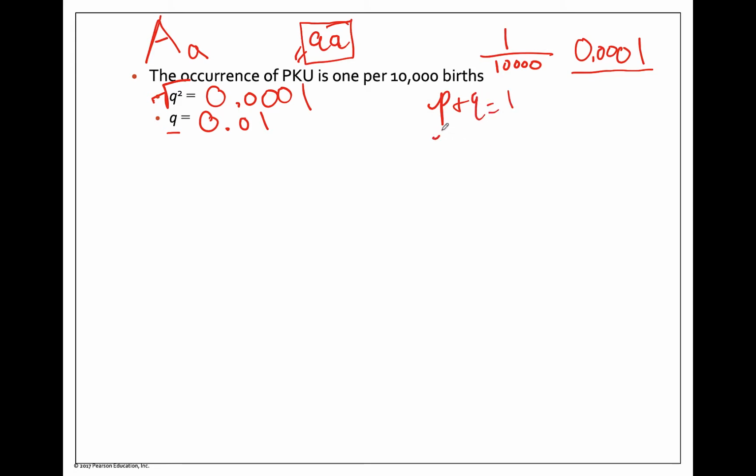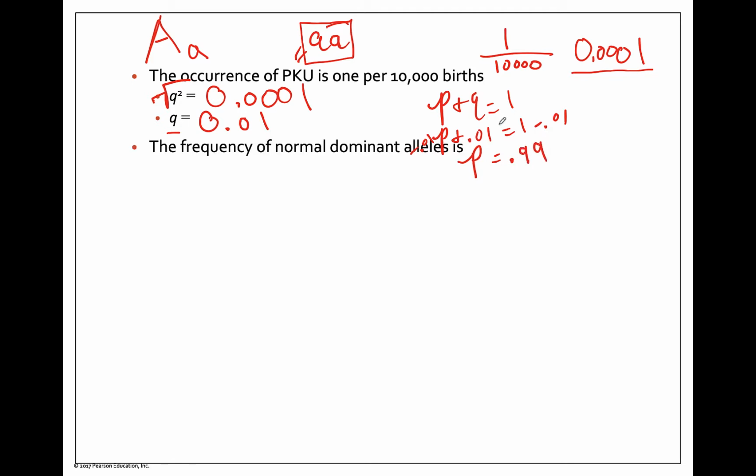So now I know that p plus 0.01 equals 1. Subtract 0.01 from both sides, and p is going to be equal to 0.99. So the dominant allele frequency p is equal to 0.99.